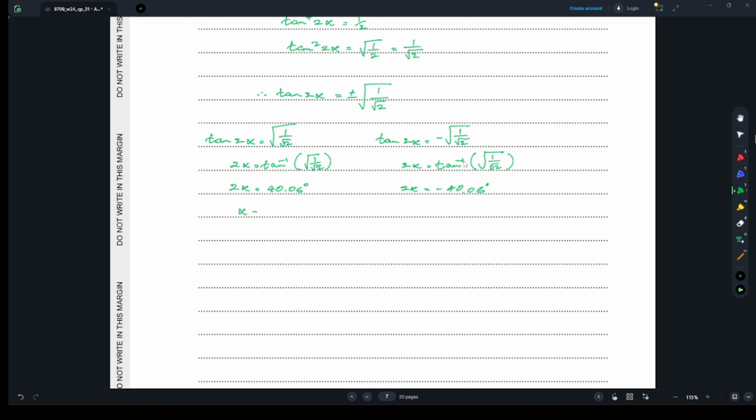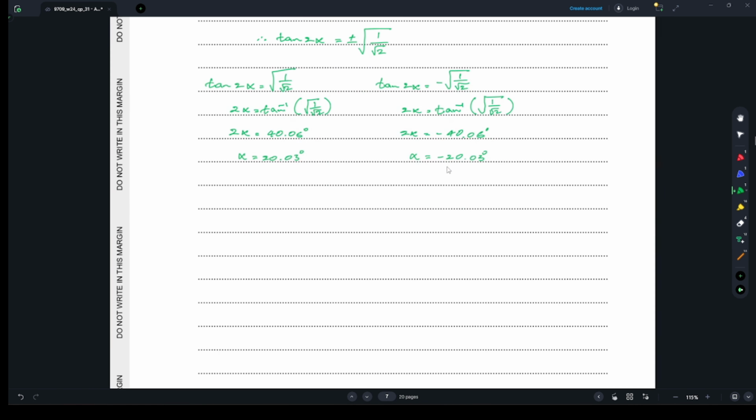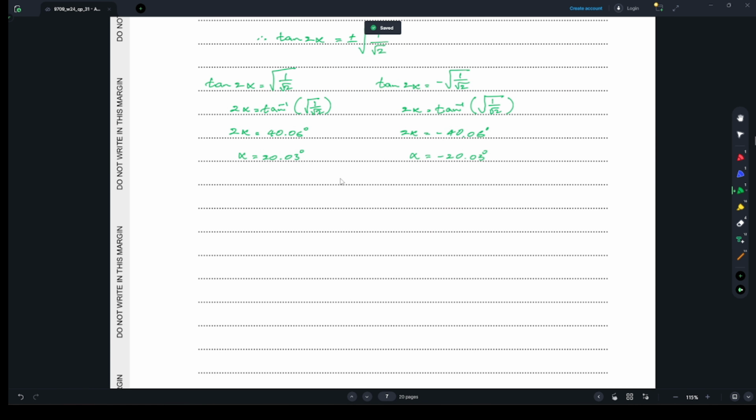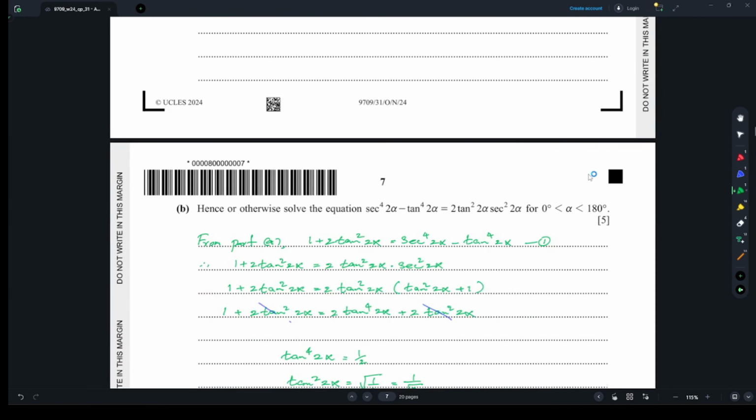So from there, by dividing by 2, alpha equals 20.03. For here, alpha equals minus 20.03.